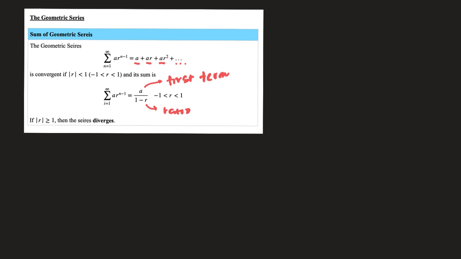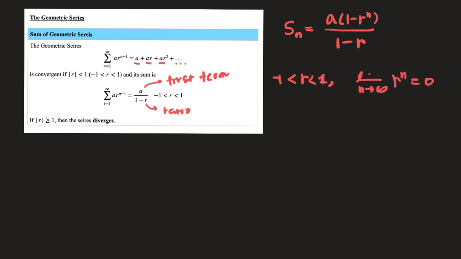I'm not going to go into detail on the proof of the partial sum of a geometric series. The partial sum Sn is a(1 - r^n) over (1 - r). The first condition is that r is between negative 1 and 1, which means the limit as n approaches infinity of r^n is 0.